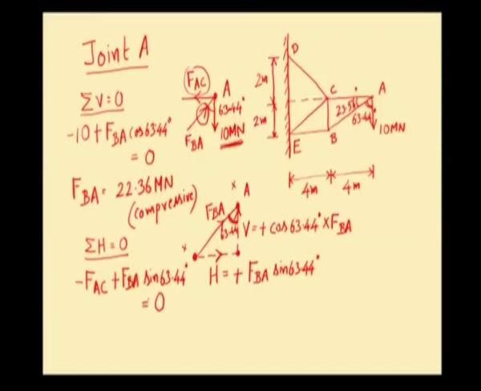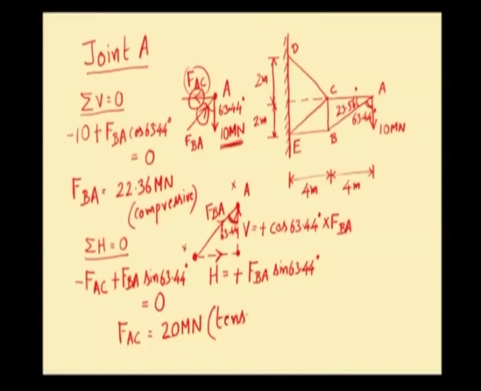Already we have found out the value of FBA, which is 22.36 meganewton compressive. Using that value in this equation, we get FAC as 20 meganewton. Once again, sign convention is positive here, that is it is plus 20 meganewton, which means that our assumed nature of force for the member AC, our assumed nature of force here is tensile, is also right.